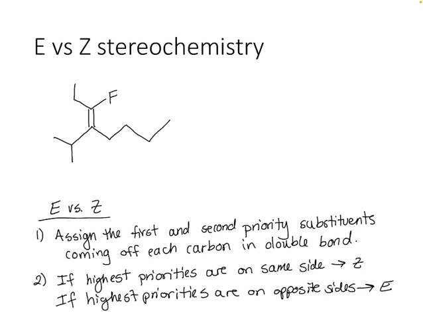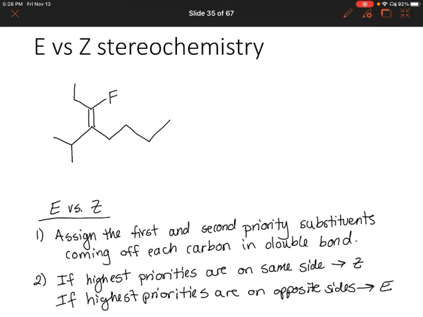So let's find the longest chain that the double bond is a part of. So that might be a little tricky. So let's start up here. 1, 2, 3, 4, and then let's go to the left. 5, 6. Okay, that's 6 carbons, but it looks like there's more carbons going off to the right.